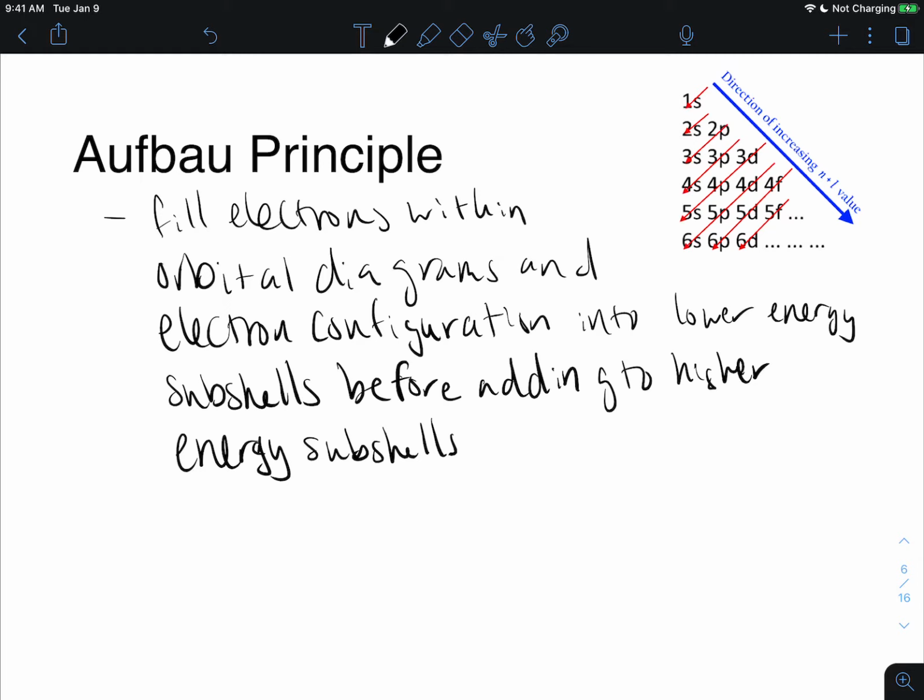So you'll fill up the bottom ones first, the ones that are lowest in energy before going up in energy.